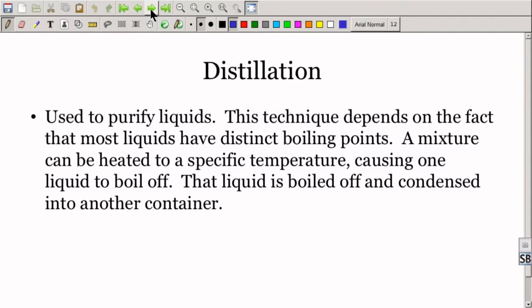The other place this is used very heavily is in petroleum products. All the different petroleum products, gasoline, diesel fuel, jet fuel, natural gas, they're all a result of taking crude oil and distilling it and collecting specific fractions. Gasoline is a very specific fraction.